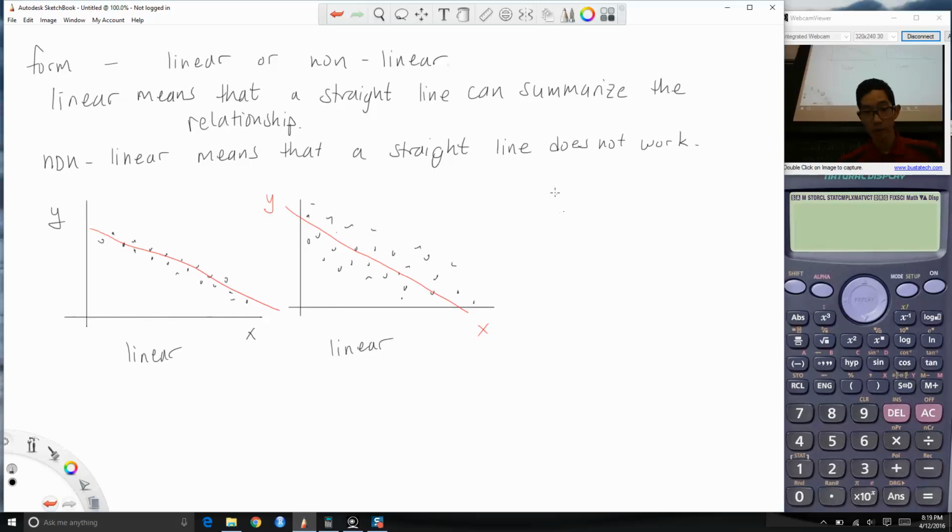But as soon as you have some curvature showing up, then we would say it's no longer linear. So this would be nonlinear because a straight line doesn't really work anymore, right? If I tried to use a straight line, it would look like this, or it would look like this. A straight line doesn't work.